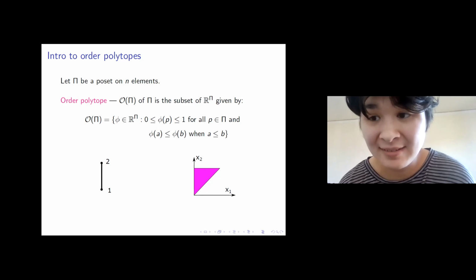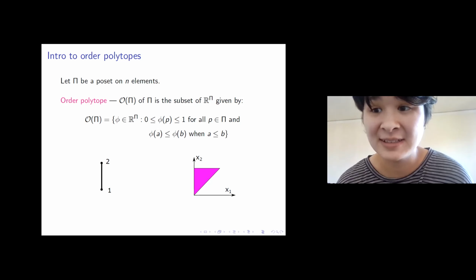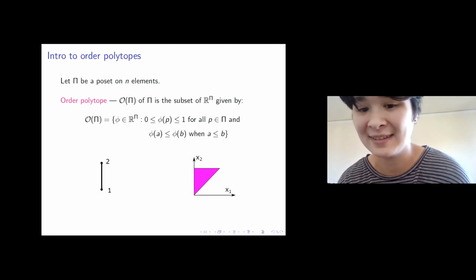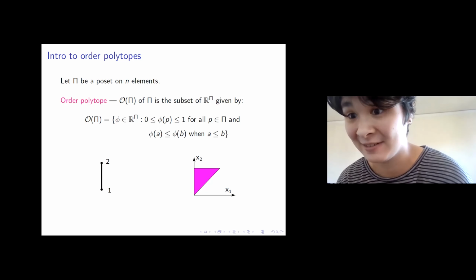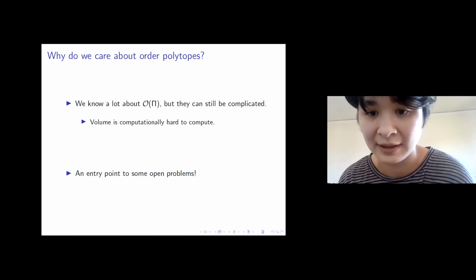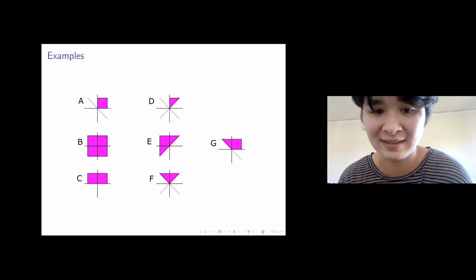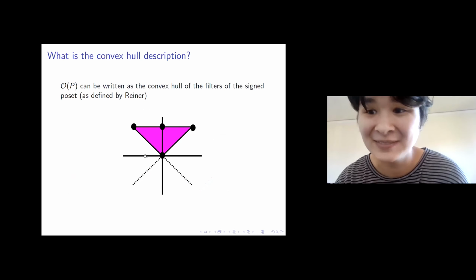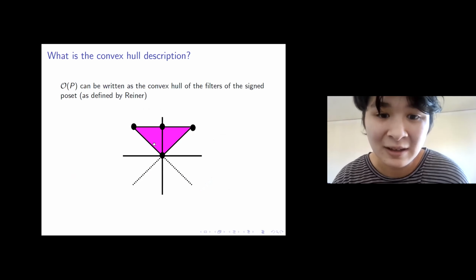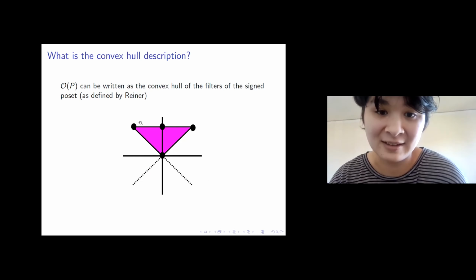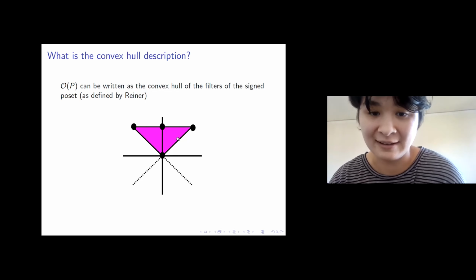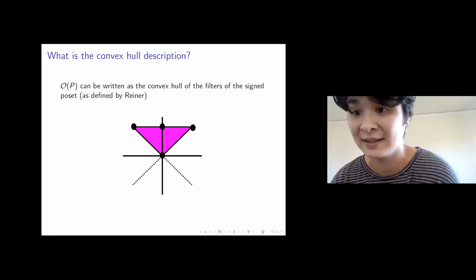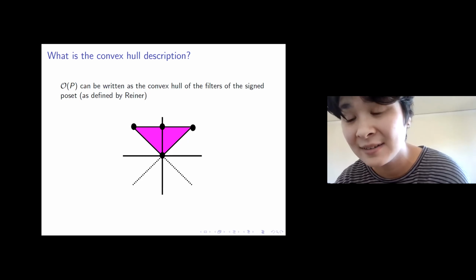It turns out that you can divide your order polytope into triangles. In this case, it's not very exciting because there's just one triangle, but let me go ahead a little bit. This is not an order polytope. It's a signed order polytope because you can see it doesn't fit in the unit cube, but it's divided into 2 triangles, and each of these triangles corresponds to a linear extension. That's how I think about how the linear extensions show up in these objects.